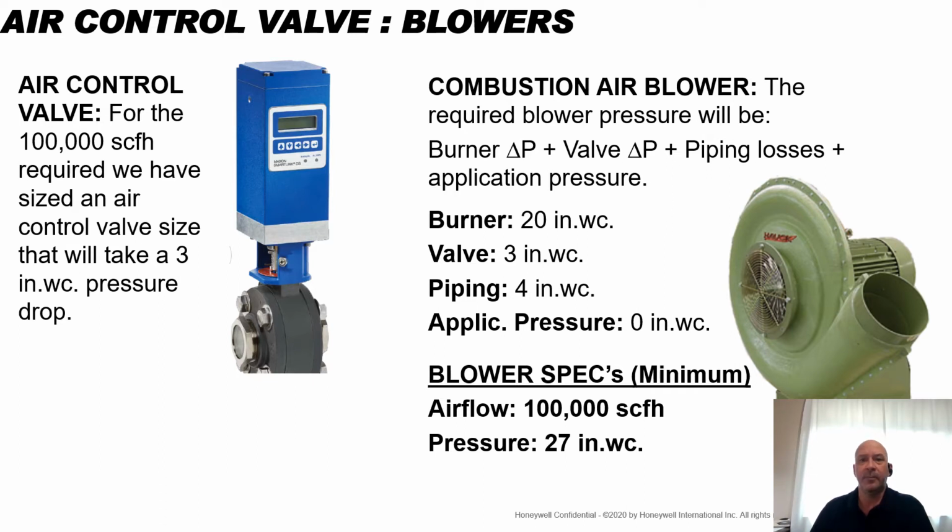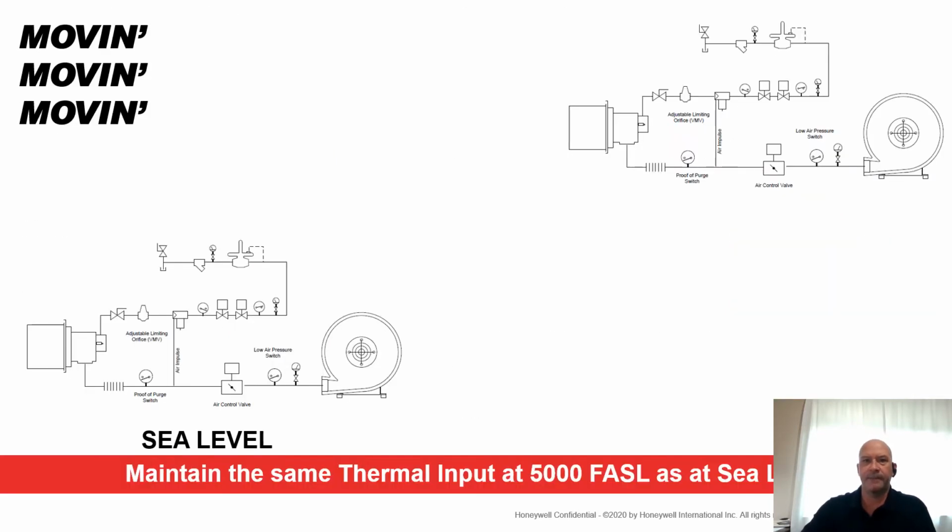So we have our pressure drop through the burner, which is 20 inches, 3 inches for the valve, and we've calculated 4 inches for the piping. If you've got an application that has back pressure, you've got to take that into consideration as well, but in this case, we don't have any. So our blower specs are 100,000 SCFH and 27 inches of water column pressure required out of that blower.